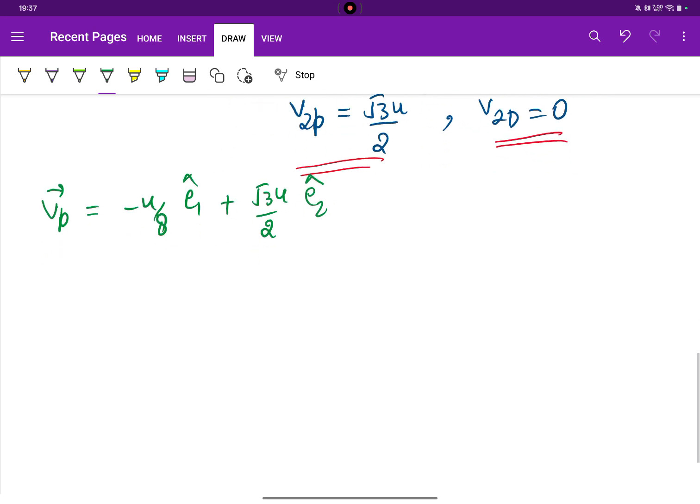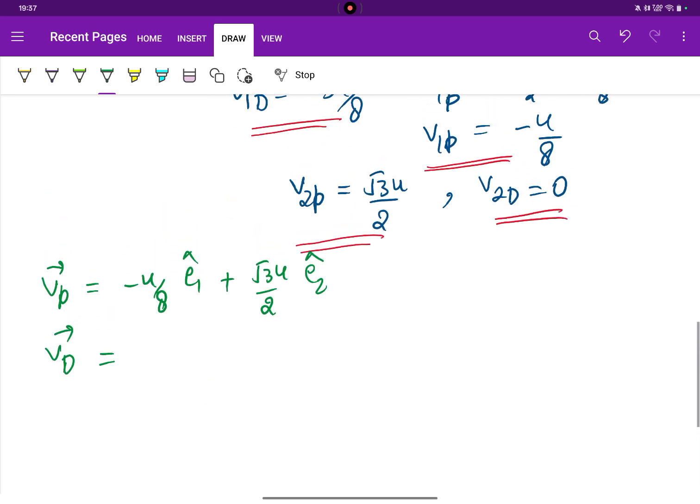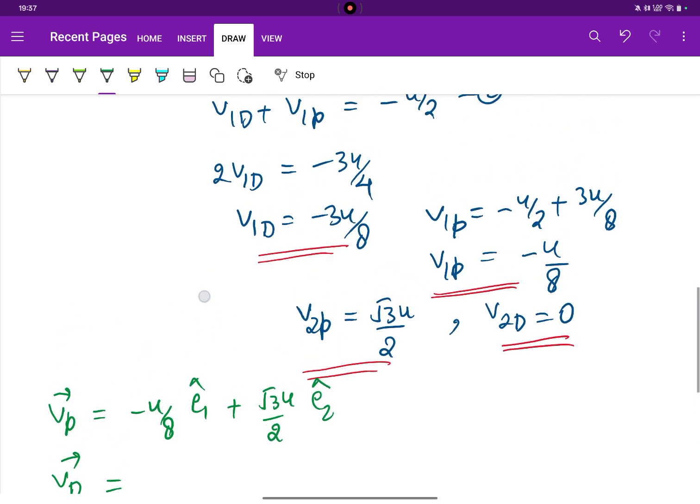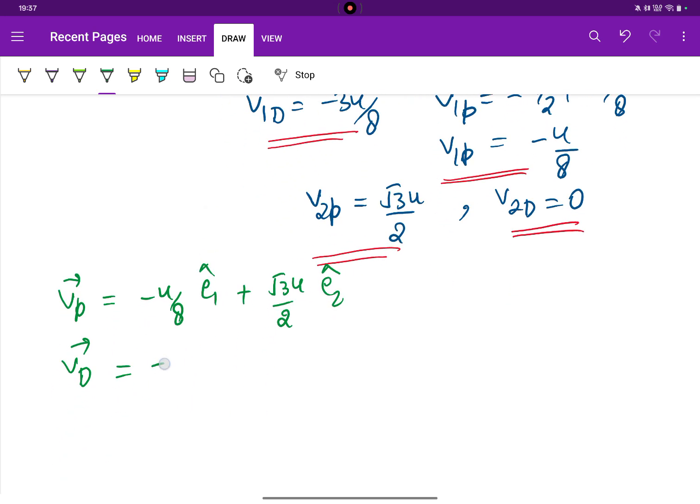And the disk velocity vd is minus 3u by 8 in the direction of e1 cap. Alright.